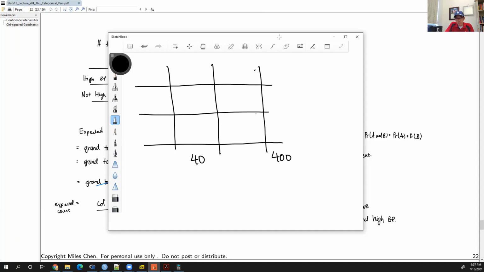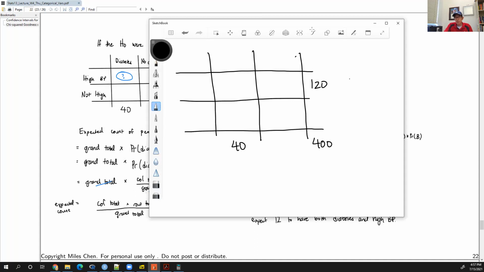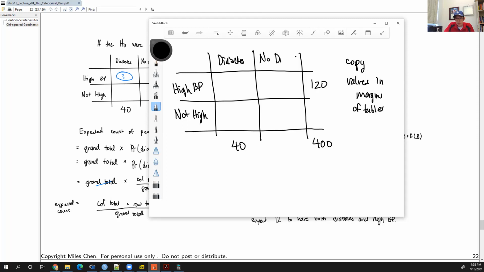I think I have 40, and I think these are the numbers from the margins. So first I'm going to copy values in the margins of the tables. All right, and so this is high blood pressure, and this is not high. And this will be people with diabetes, and no diabetes.